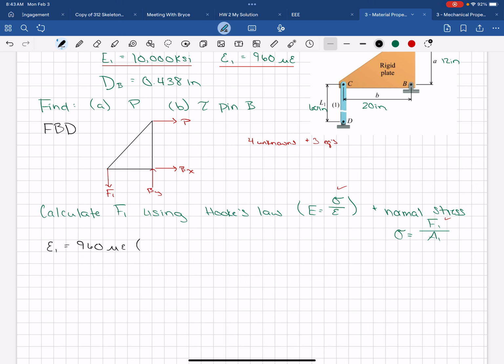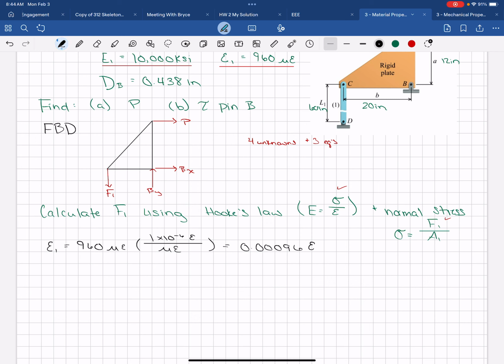So we're going to multiply that times 1 times 10 to the negative 6 strain per microstrain. So the strain is 0.00096.